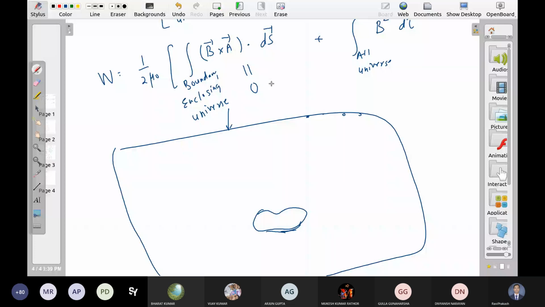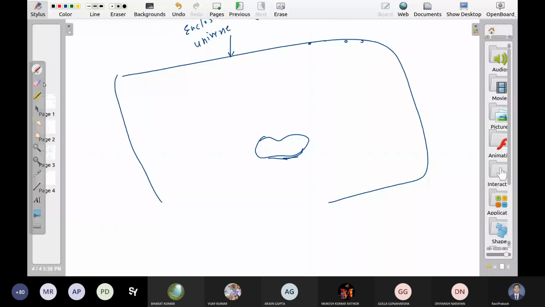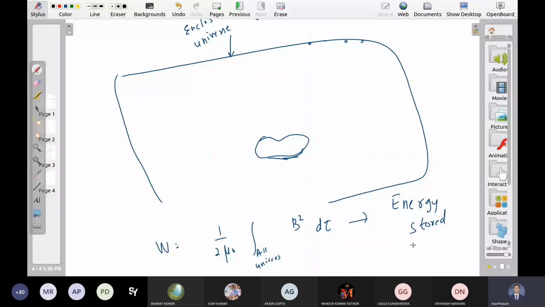W is equal to 1 by 2 mu naught integral over all universe of B squared d tau. Where is the energy stored? In fields. Right. So like the electric field, here also we have two answers. Electric field की तरह ही यहाँ पे भी आपके पास दो आंसर है.